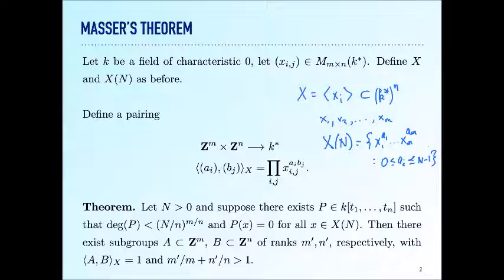Then the conclusion is that there exist subgroups of these spaces, Z to the m and Z to the n, that are large and orthogonal, so that a dot everything in b under this pairing is 1, where the proportion of the ranks in total is greater than 1. So m prime over m plus n prime over n is greater than 1.